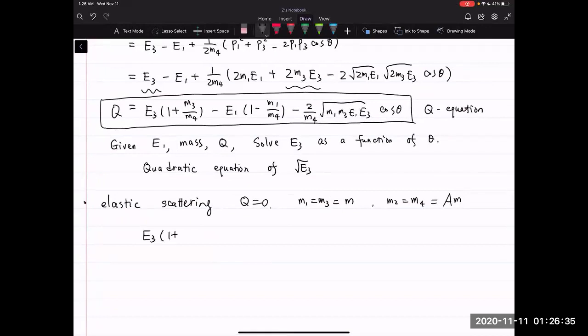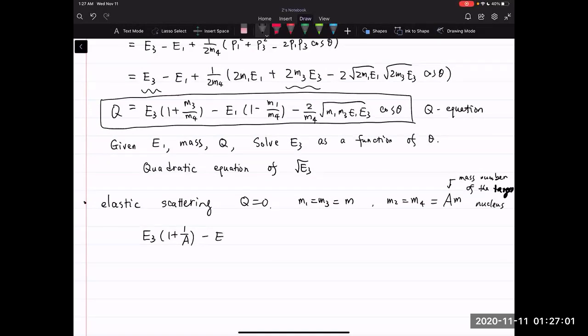That's m over Am, just 1 over A. Here A is the mass number of the target nucleus.